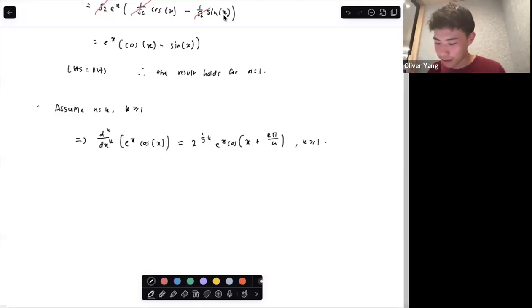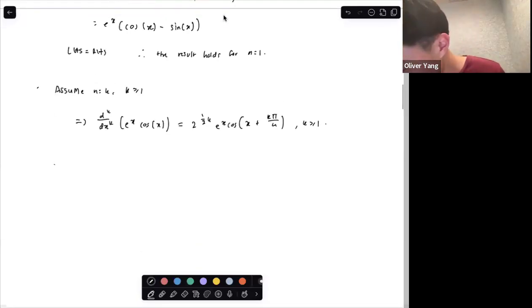Okay. Now that we've got our assumption, we're going to prove it true for n equals k plus 1, right? For n equals k plus 1.